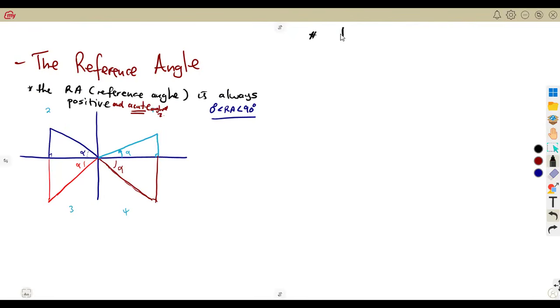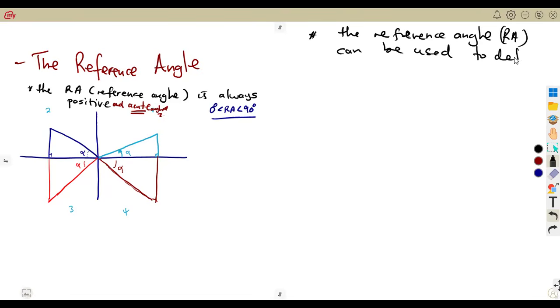So that is the reference angle, which is our RA, can be used to determine the actual angle.